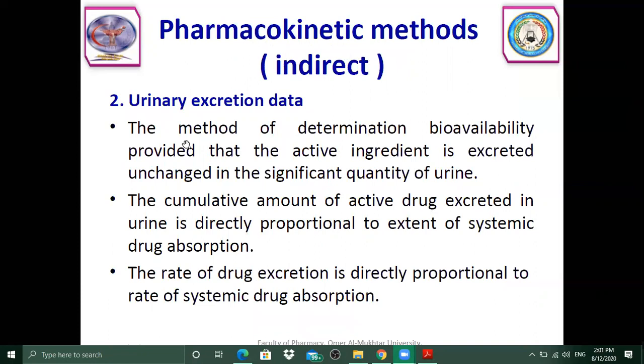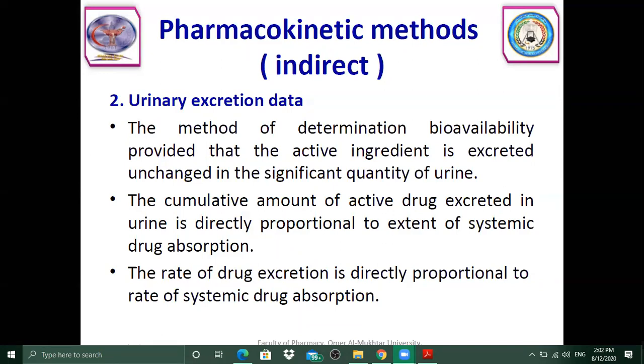This method of determination of bioavailability is applicable only when the active ingredient is excreted unchanged in the body. Okay, so you'll be collecting the urine sample, and if your drug is unchanged, the active ingredient is unchanged, then only you can go through this method to determine the bioavailability. So you'll be taking a urine sample and checking the amount of drug that is getting excreted.